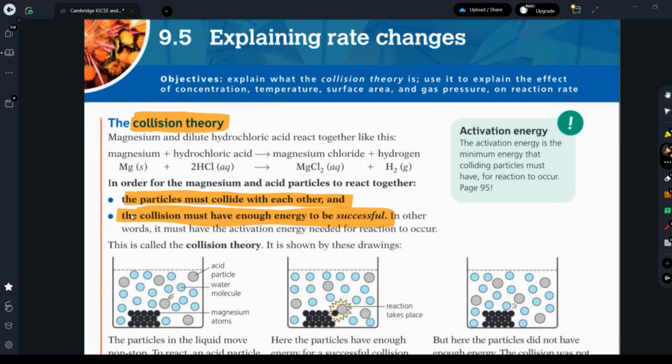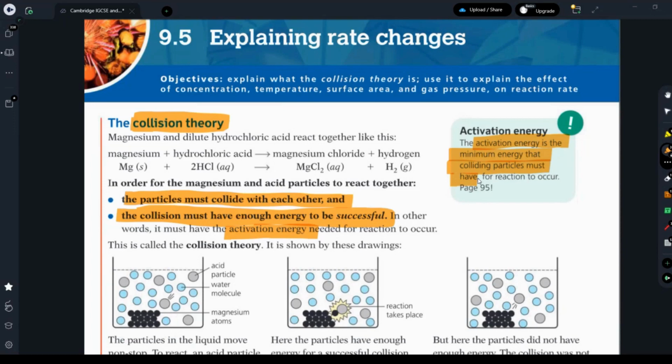For that to happen, the particles must have a certain amount of energy, also known as the activation energy. What is the activation energy? It is the minimum amount of energy that colliding particles must have in order for a chemical reaction to occur, or a collision to be successful.